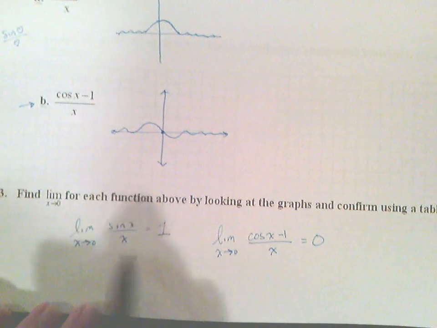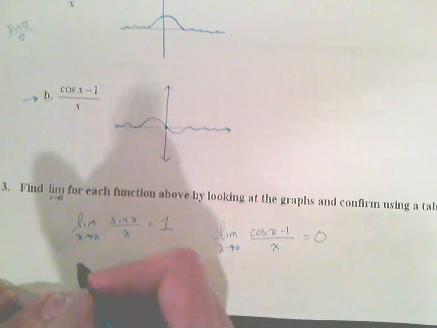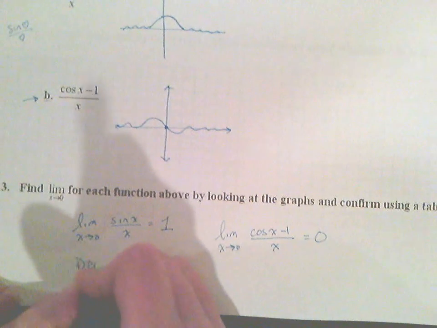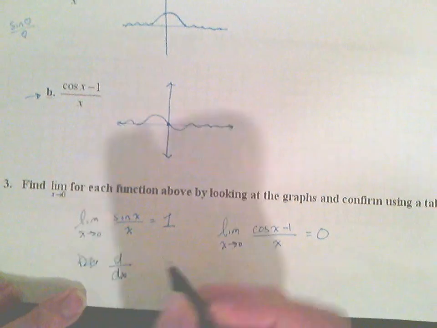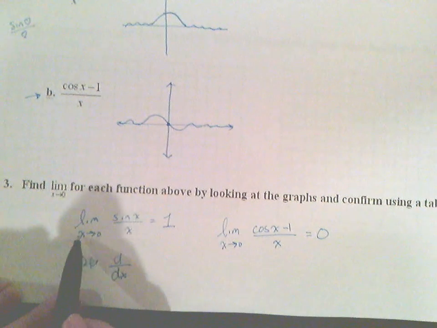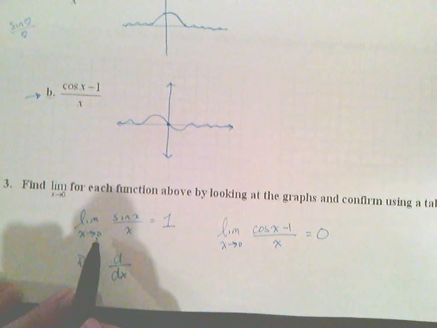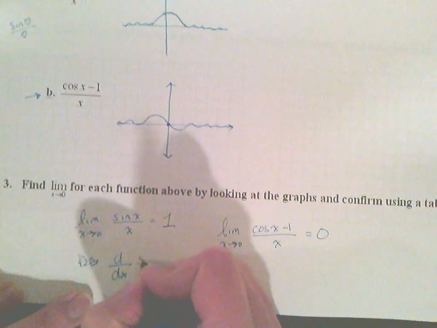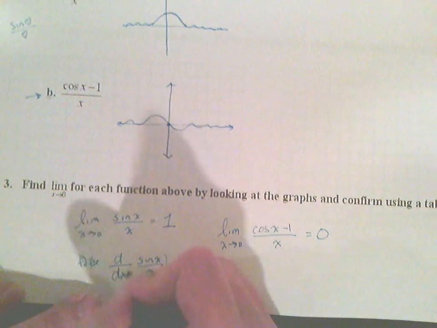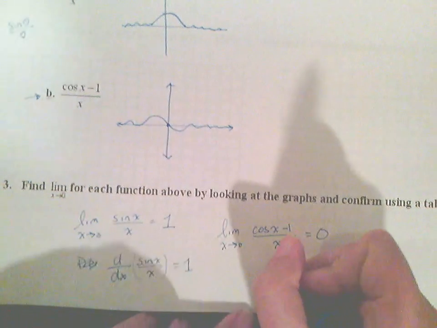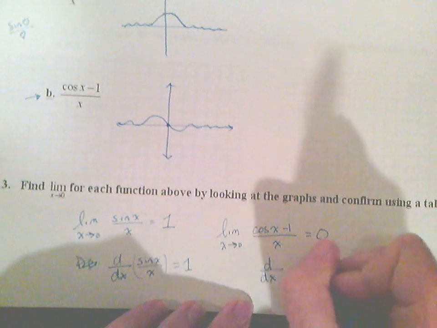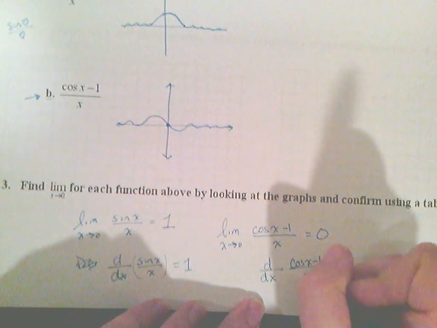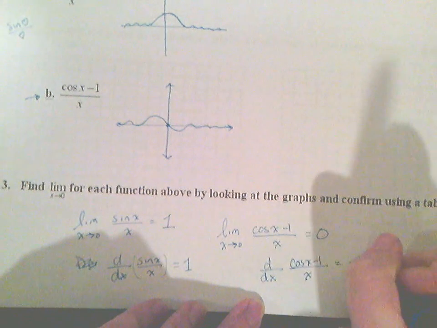Now basically what this is telling us is that the derivative, because remember, as x approaches 0 or as h approaches 0, it kind of means the same thing, and this would be h over h. So the derivative of sine of x over x is going to be 1, and the derivative of cosine of x minus 1 over x will be 0.